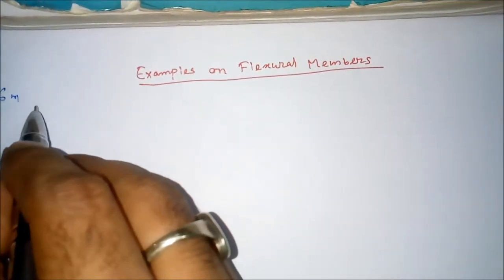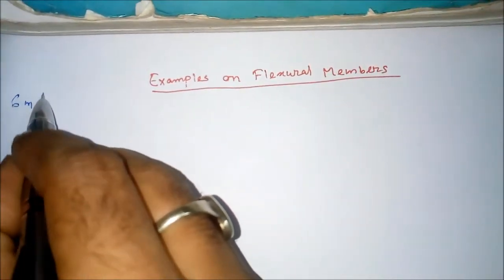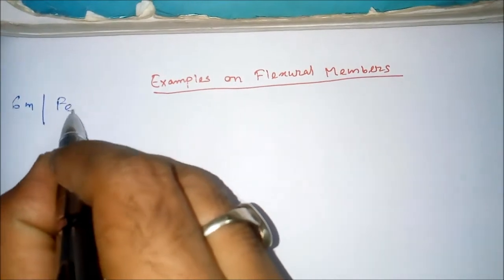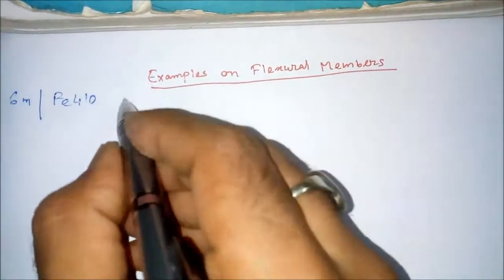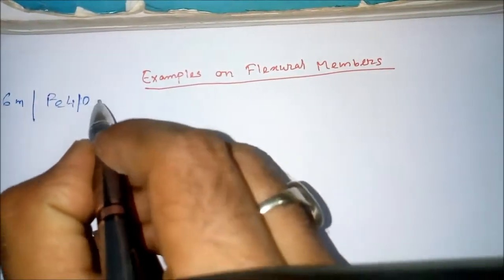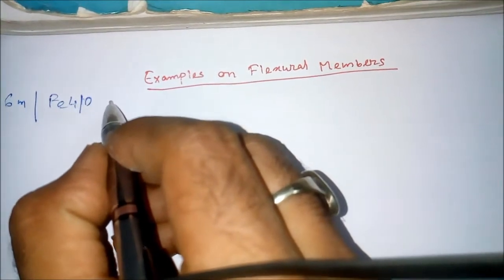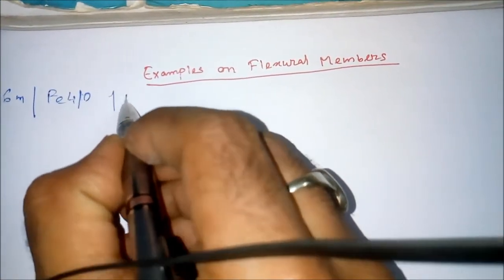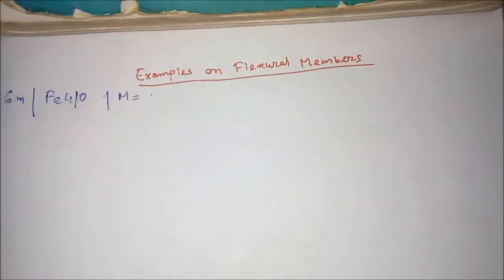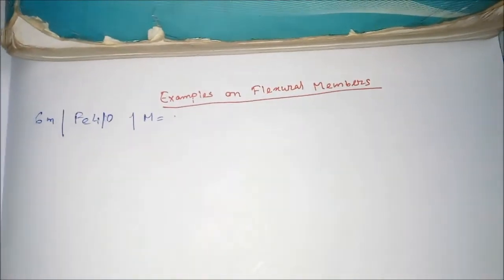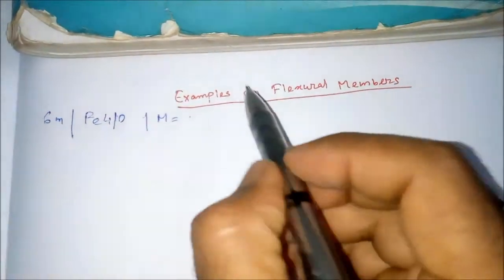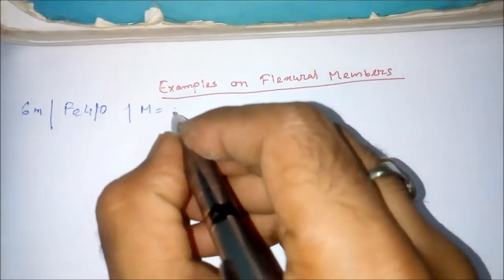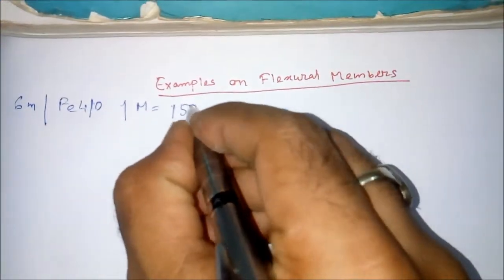The data are given like the grade of steel you have to assume is Fe410, right? The maximum bending moment is given, that is M equals to 150 kilonewton meter.